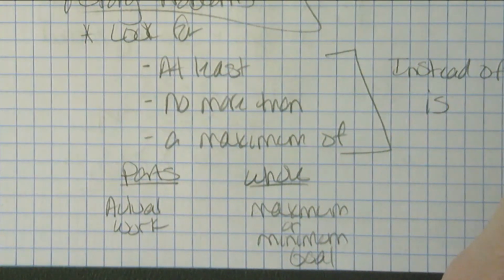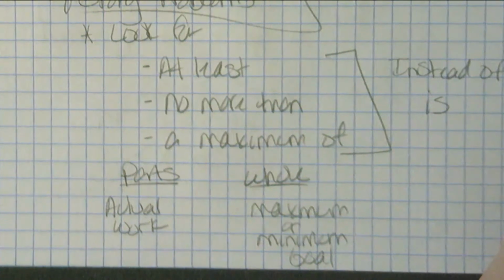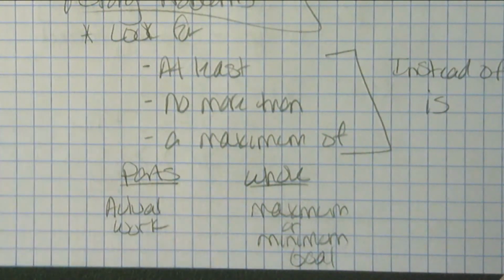So it's really important that you use that as your guide. It's always parts equal to your whole. Your whole is always a maximum or minimum goal, and then your parts are the stuff that you're actually doing. And we want to know what we're actually doing in relation to our maximum. What are we actually doing in relation to our minimum? Do you guys remember this a little bit from last year?